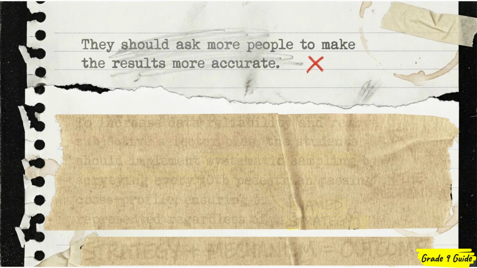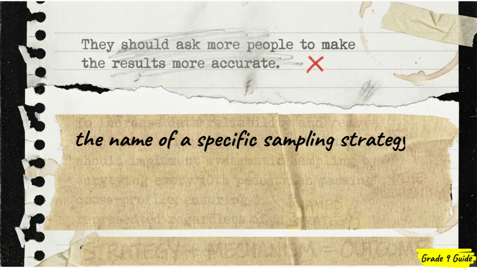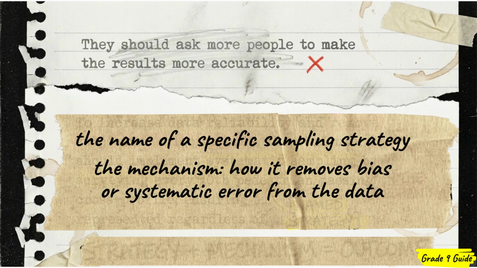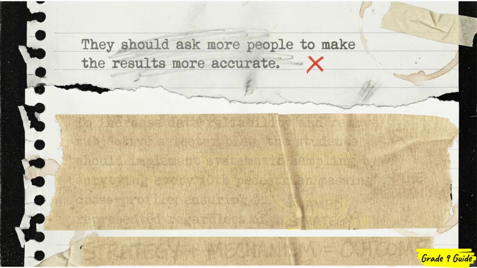2 things every full marks answer must contain: the name of a specific sampling strategy and the mechanism, exactly how it removes bias or systematic error from the data. Failing answer: they should ask more people to make the results more accurate.